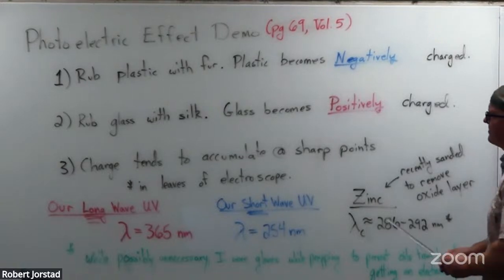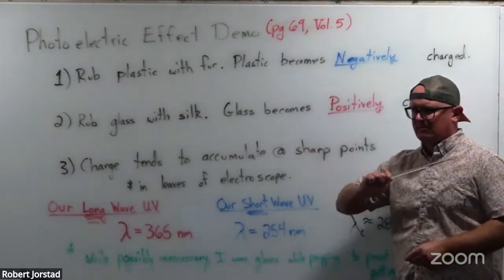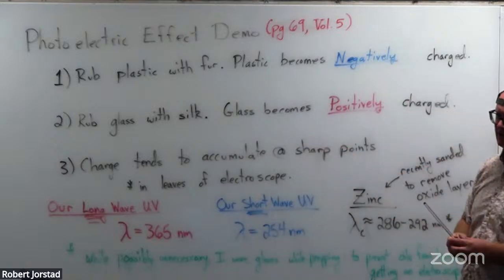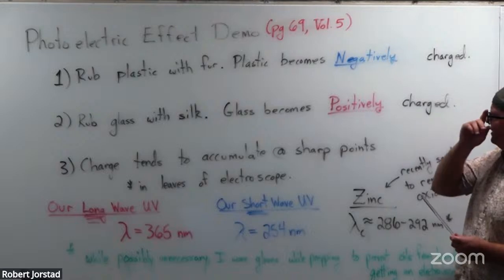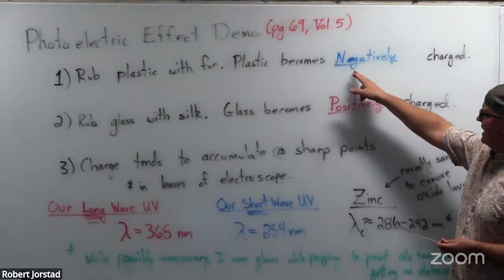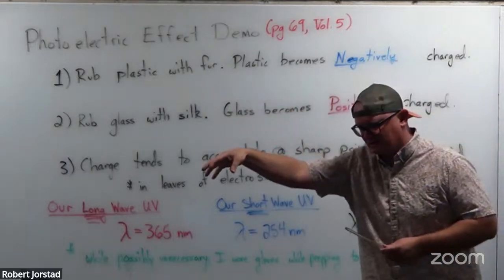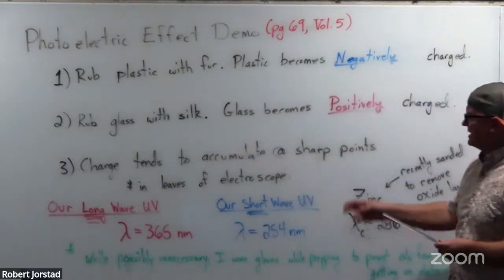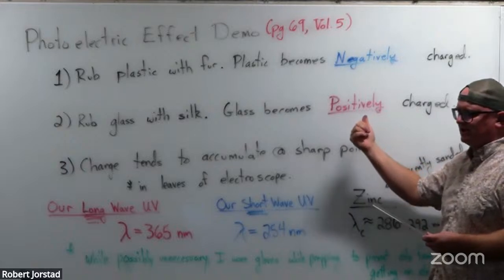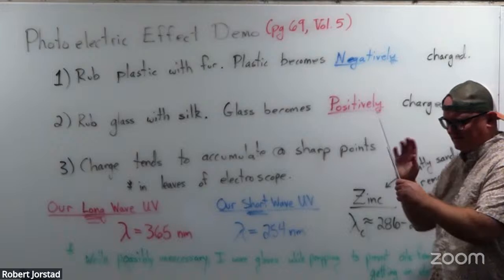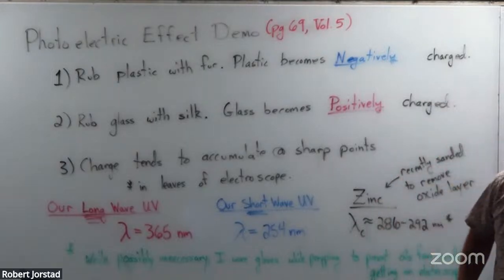However, if you take a piece of glass, maybe you can see that there, and rub this with silk, it becomes positively charged, right? And just in case you're curious, the plastic becomes negatively charged because the fur donates electrons to the plastic. And here, the glass becomes positively charged because the silk will strip electrons off of the glass. So there's a different bit of physics going on there.